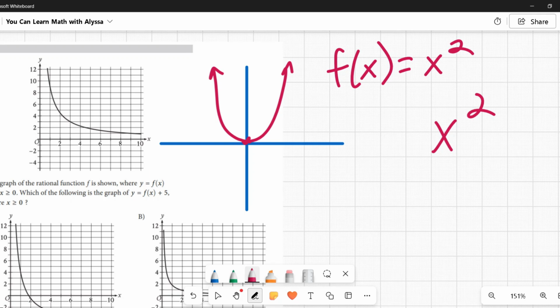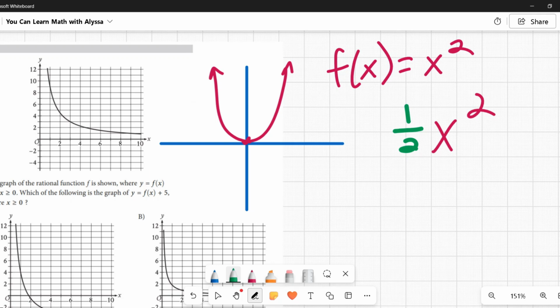If that number is greater than 1, it's going to make it narrower, compressing it laterally. And if it is a positive number but less than 1, a fraction like 1/2, that's going to make it wider. It's going to stretch it.